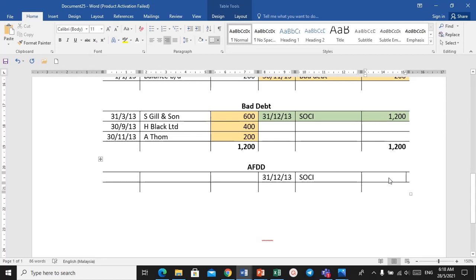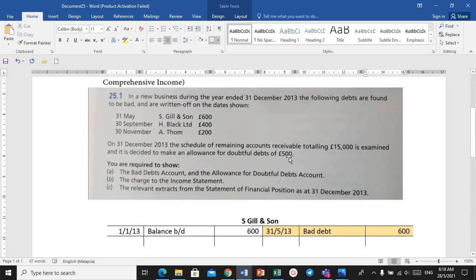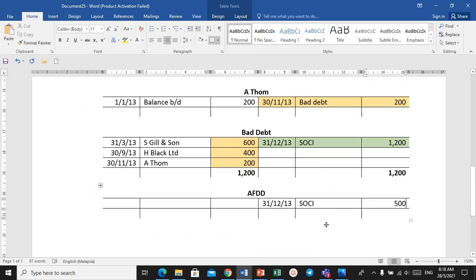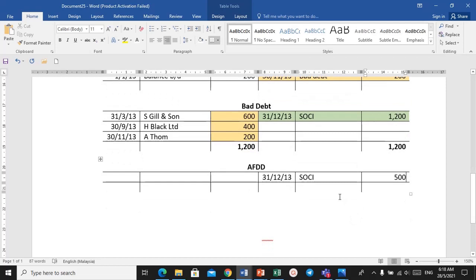The amount would be 500 pound. Then we need to close the allowance account, so we close it with balance CD, $500.